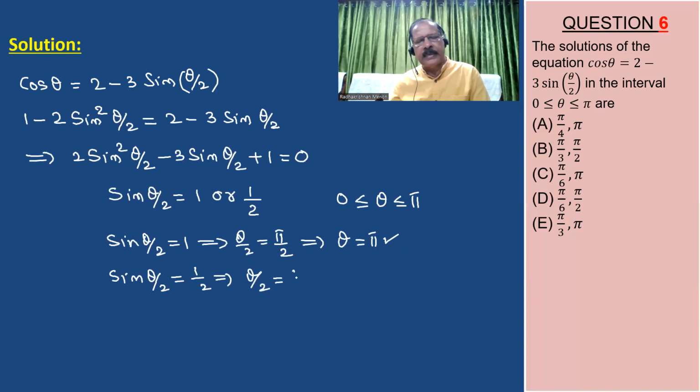Sin 30 degree, that is pi by 6. Which implies theta equal to pi by 3. So theta equal to pi, pi by 3.